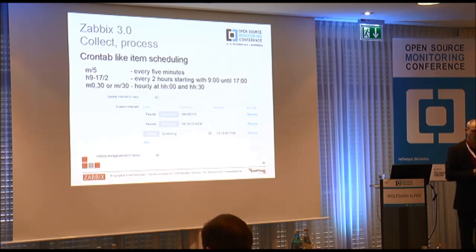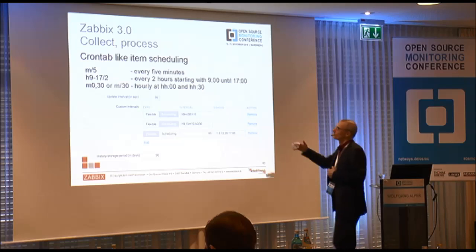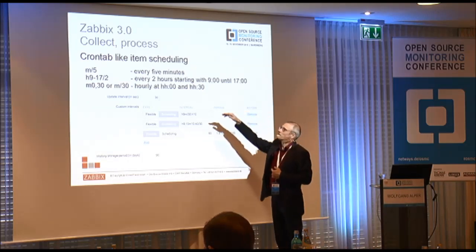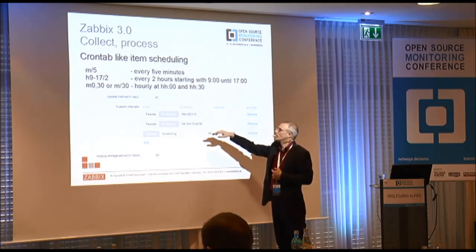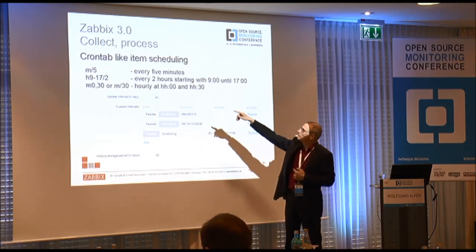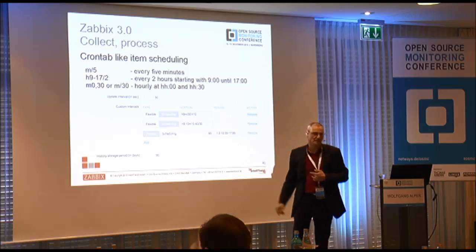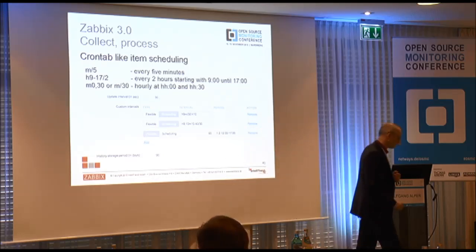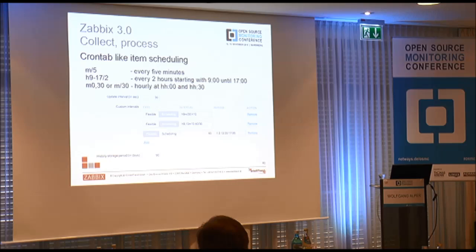But that's all. With Zabbix 3.0, you have the option to use some cron-like syntax to define cron-like time intervals. So for example, every 2 hours starting with 9 until 17. This is possible now with Zabbix 3.0. So you can really have a precise definition of when you would like to monitor what.